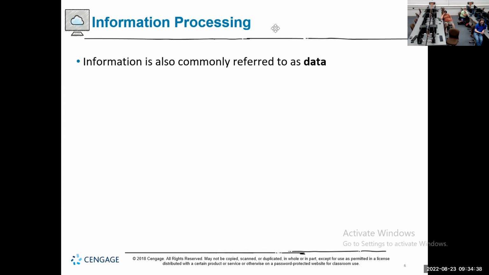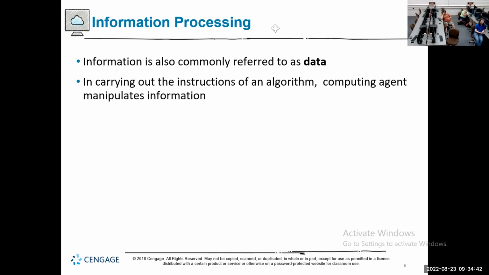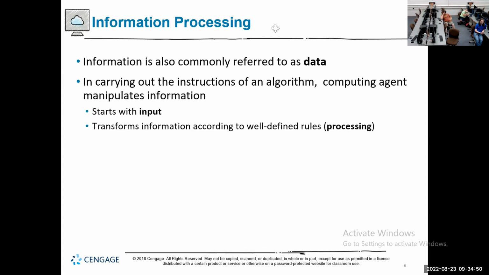Information is commonly referred to as data. The computing agent carries out the instructions of an algorithm and manipulates information. So for information processing, you have three elements. You have input, you have processing, and you have output.